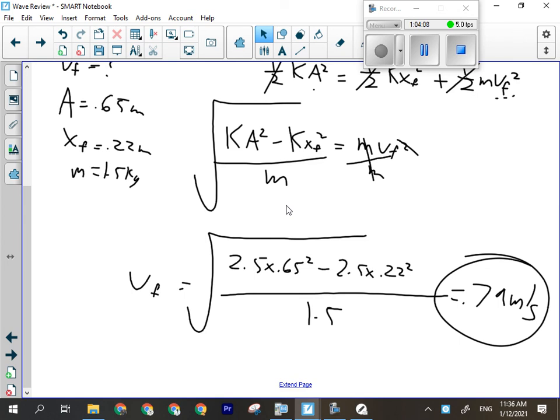Then you would just go Fx equals mg, so you have negative k times x equals mg, and you're solving for x.